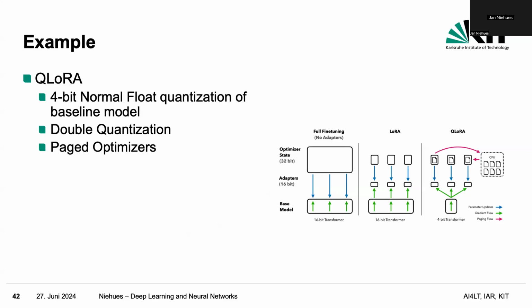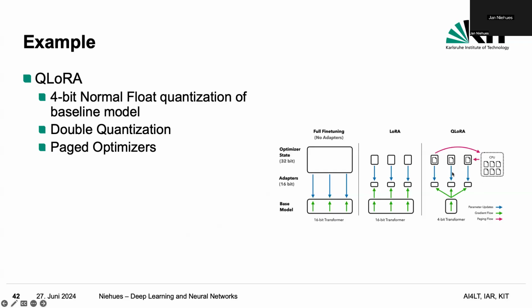Now what QLoRA does is that it takes your baseline model and quantizes it into a 4-bit representation. So the baseline model is only represented in quantized form, and only your low-rank adapters are still normal floating point numbers. Of course, you only update and change your adapters, and the general model is used to calculate the gradients and so on. Then you need to do some additional tricks.